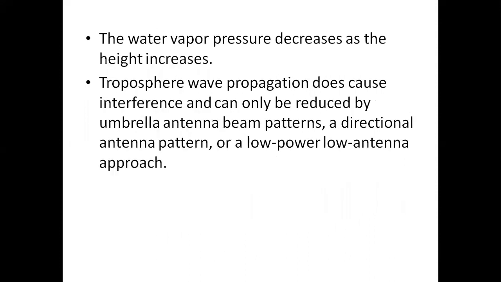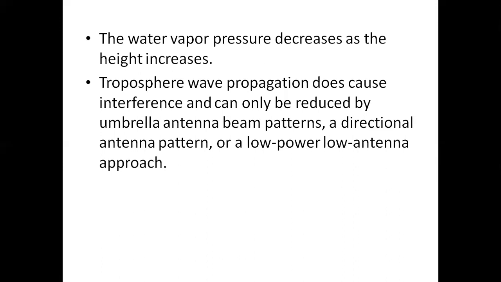The water vapor pressure decreases as the height increases. Tropospheric wave propagation does cause interference, which can only be reduced by an umbrella beam antenna, a directional antenna, and a low power antenna.